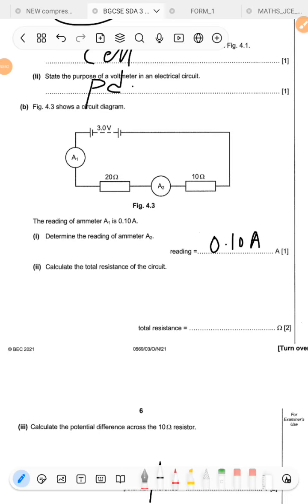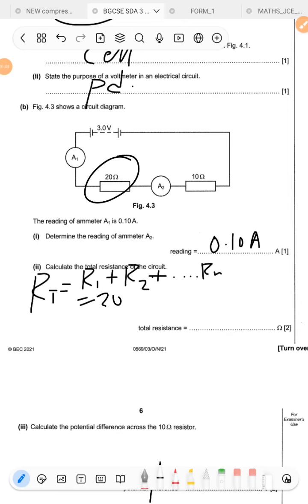So RT is going to be equal to R1 plus R2 plus Rn, which is R1 is 20 ohms plus R2 10 ohms, which is going to give us 30 ohms.